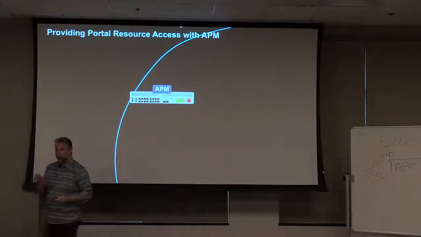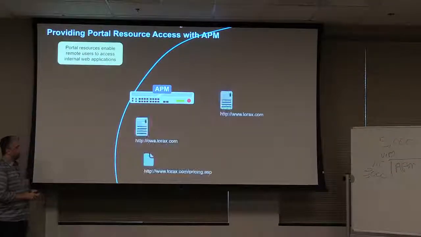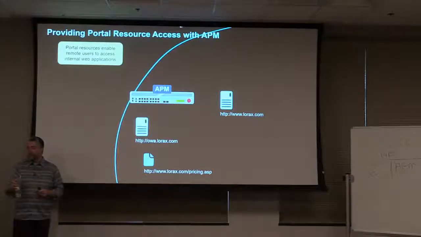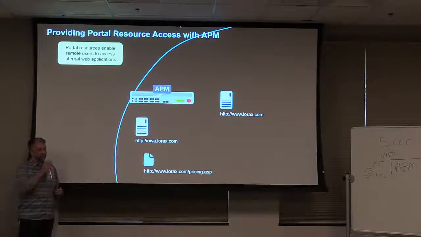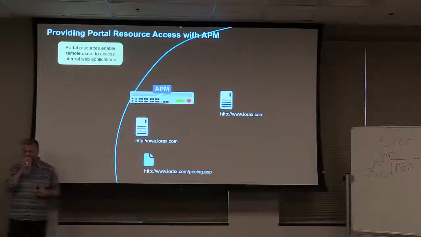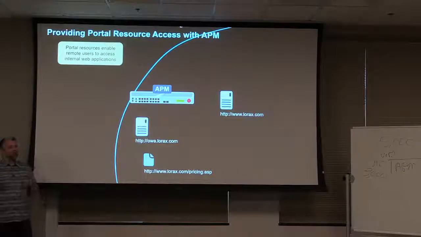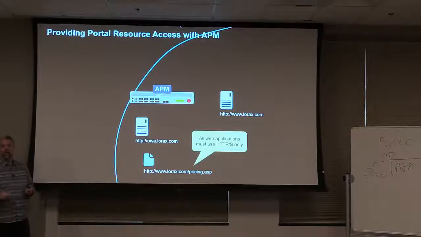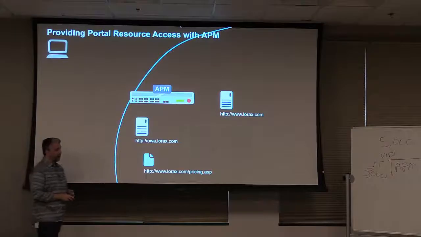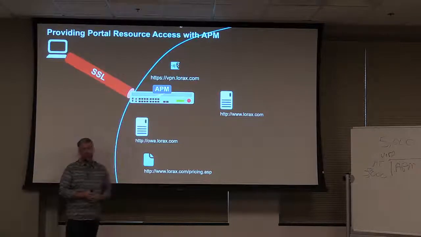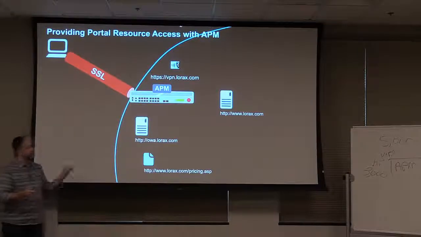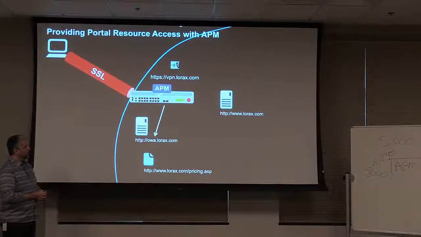So let's start with providing portal access. You'll notice the word enable. It enables users to access web-based applications. As a reminder, it must be only the HTTP-based web applications. They make their connection, SSL. They're going to authenticate, do whatever they need to do.